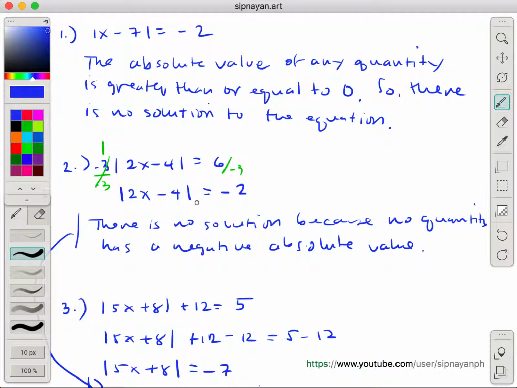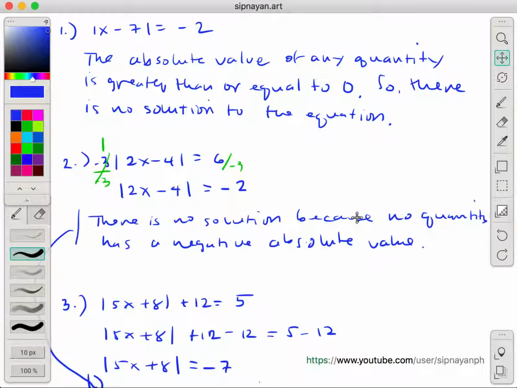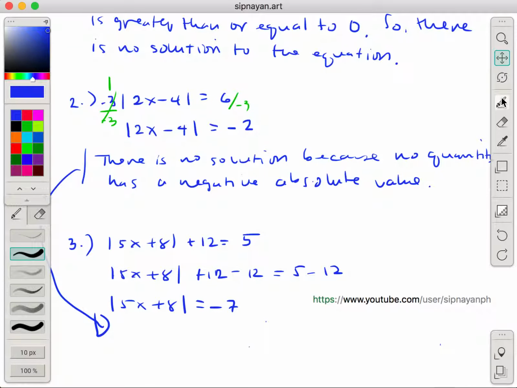No? So, as you can see, wala na siyang kasama, pero negative yung nasa kanan niya. Meaning, it's not possible. No? Kasi pag may ganito ka, dapat positive yan or 0, di ba? Yung nasa loob. Okay? And lastly, ang pinakaunang strategy is to isolate yung expression na may absolute value.